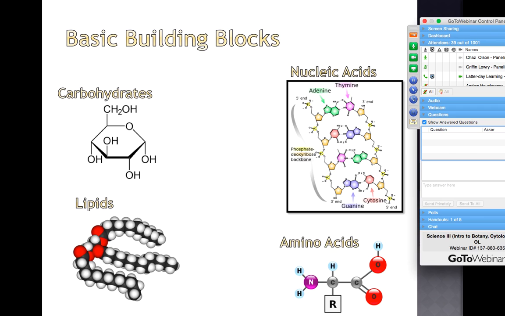That's right. So the nucleic acids are the building blocks of the DNA molecule. Each one of these is a nucleic acid, and when you put them together, you have DNA. What is the DNA used for?